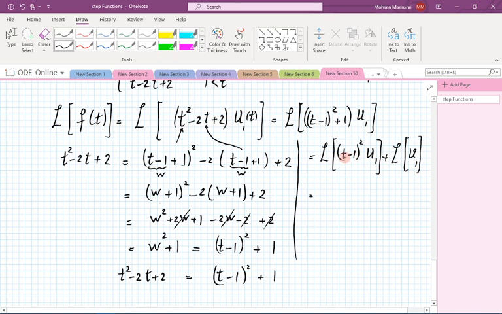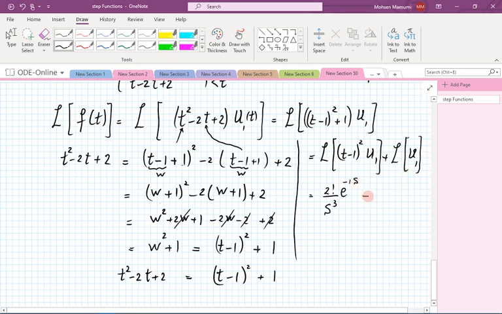I go and look, what was the Laplace transform of t squared? Well, that was 2 factorial over s cubed. You remember that? Then the presence of switch and delay creates this multiple. Well, it's not a c, it's just 1. 1 over s is just 1 over s.